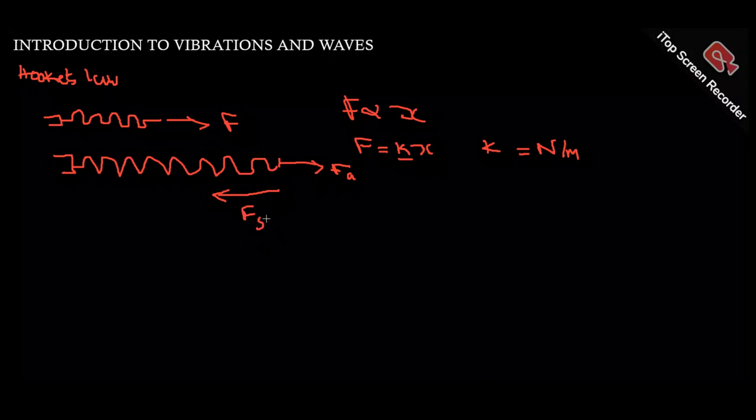Okay, so what is the restoring force? This is the force the spring applies in order to get back to its original position. At this point, the displacement was x is equal to 0. Now when we start extending, the extension is going to be changing. The extension is just the same as displacement in this case.